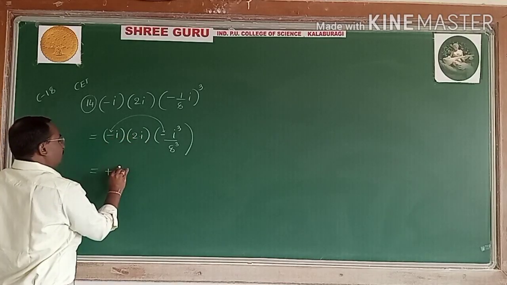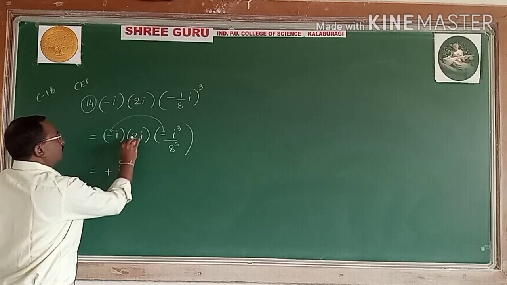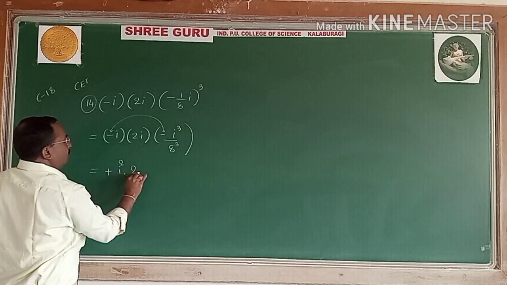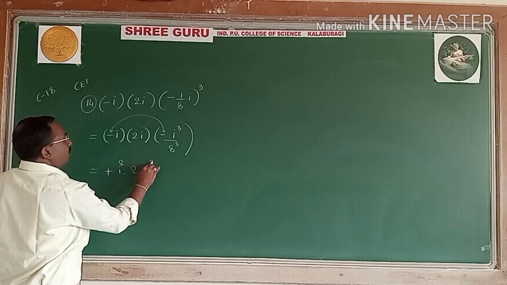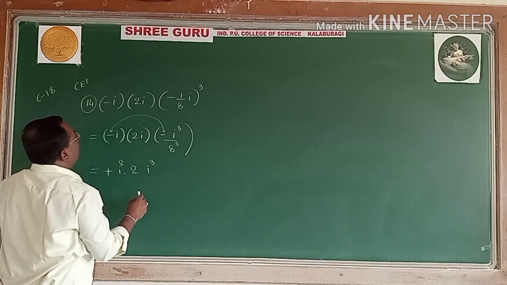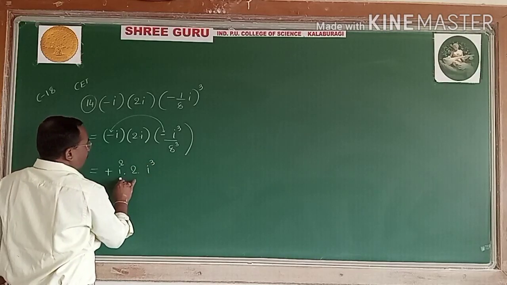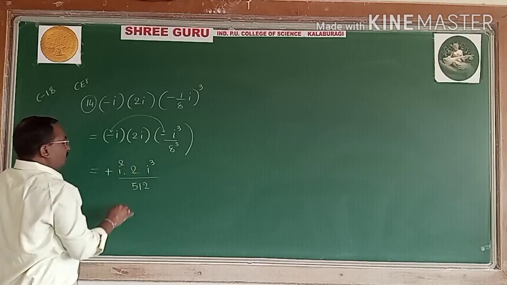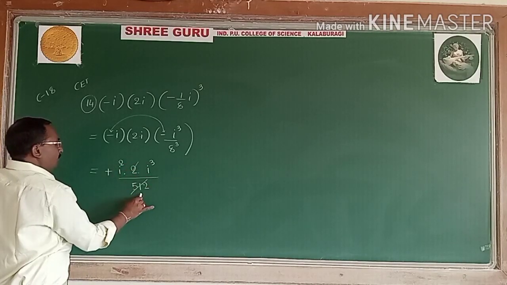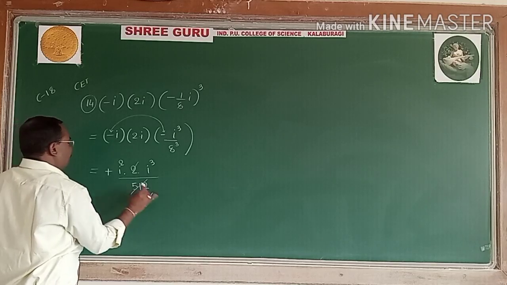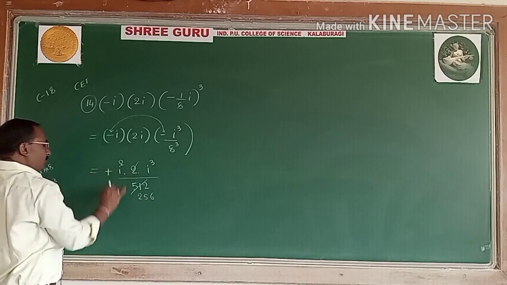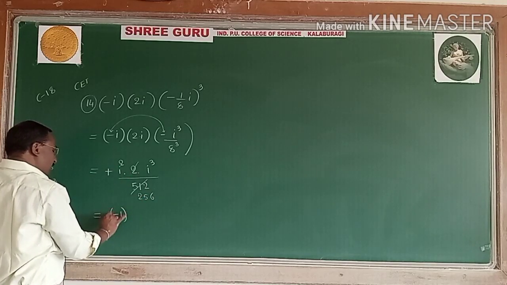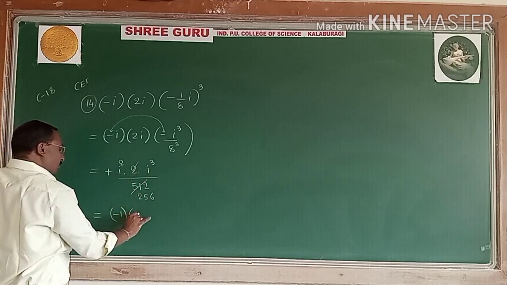I into i square as it is, this is 2 as it is, this is i cube as it is, divided by 8 cube. 8 cube is what? 512. 2 ones are 256. I square value is minus 1, i cube value is minus i.